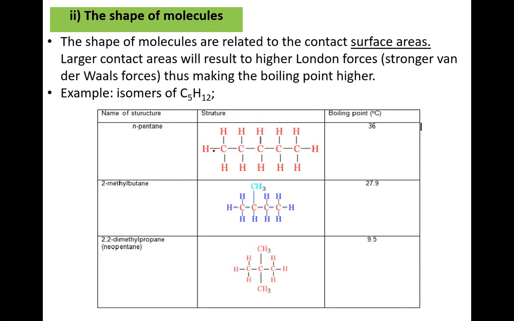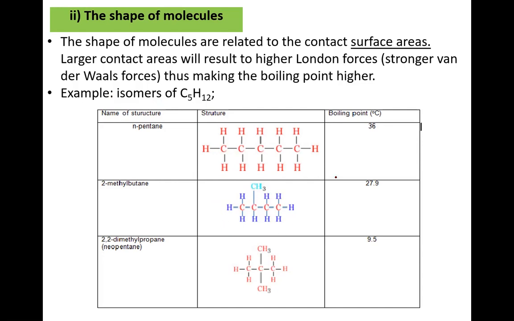We call these isomers. Later we will look at isomers next semester. So pentane and methylbutane still have five carbons with 12 hydrogens, but the position and the shape are different.